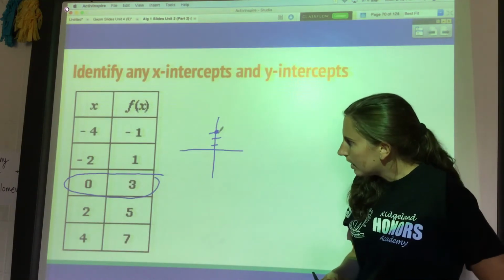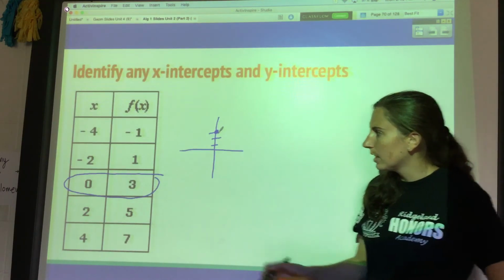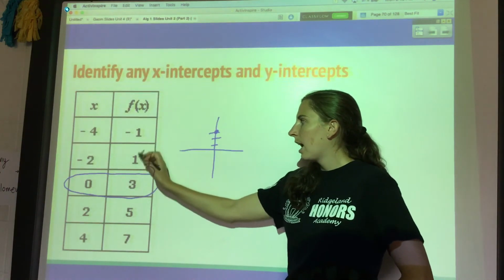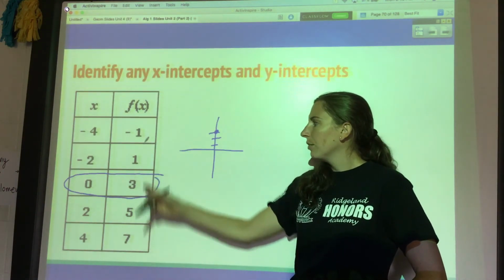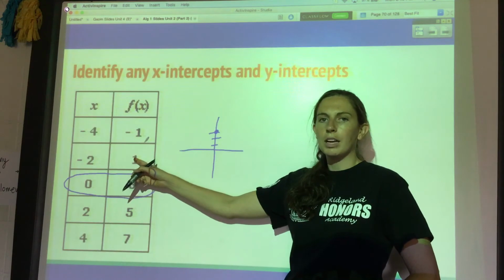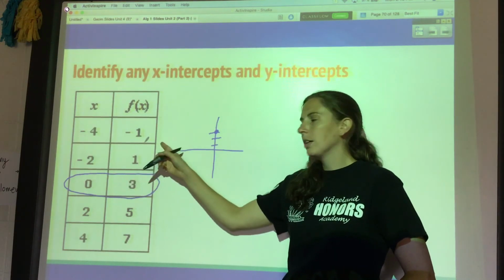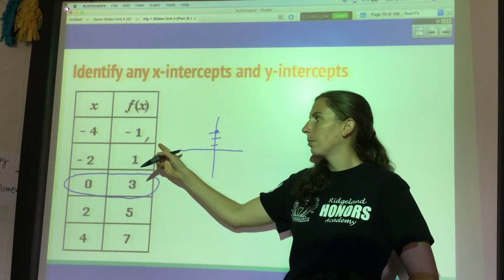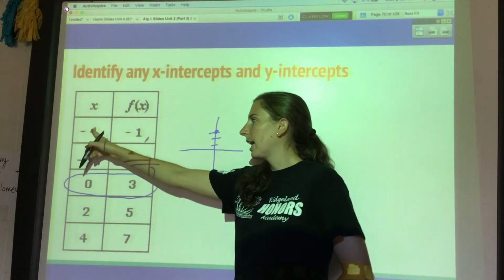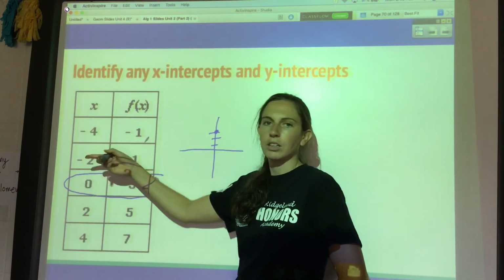Also, there was another intercept. Notice that somewhere between here, I hit 0. I went from -1 to 1. So somewhere right in between here, there was an intercept. So somewhere between -4 and 2, there was an x-intercept.